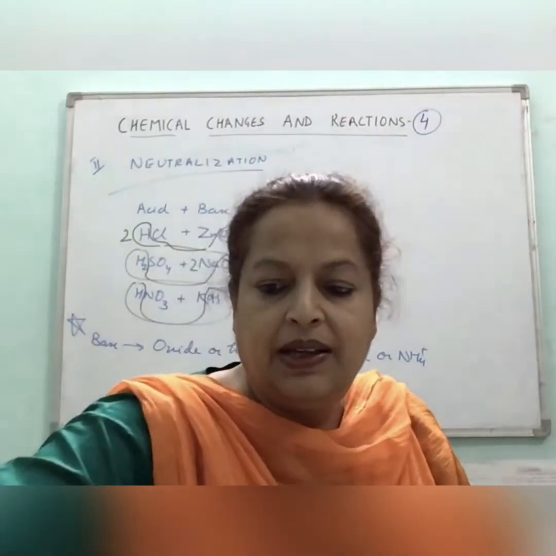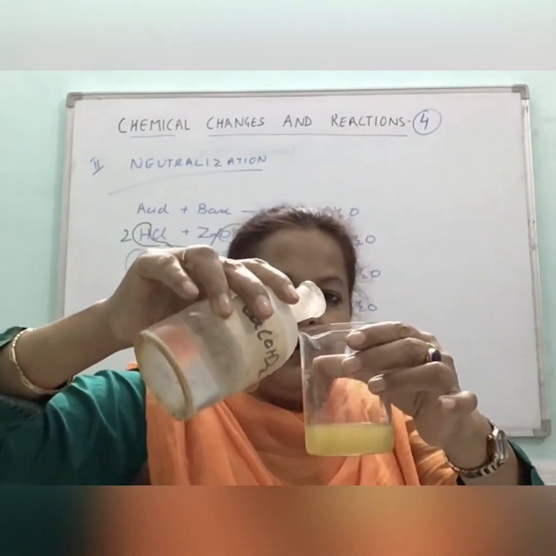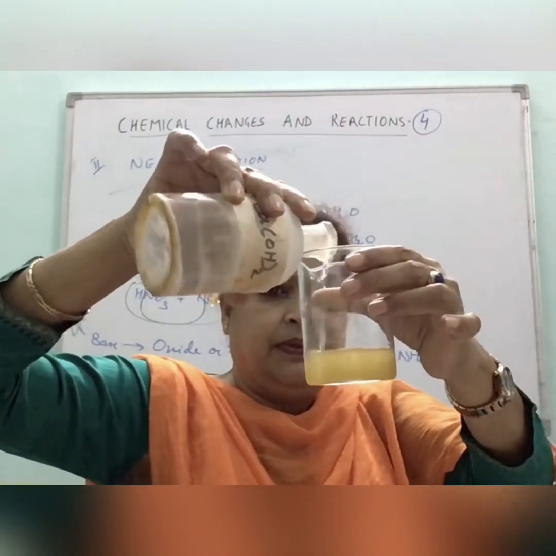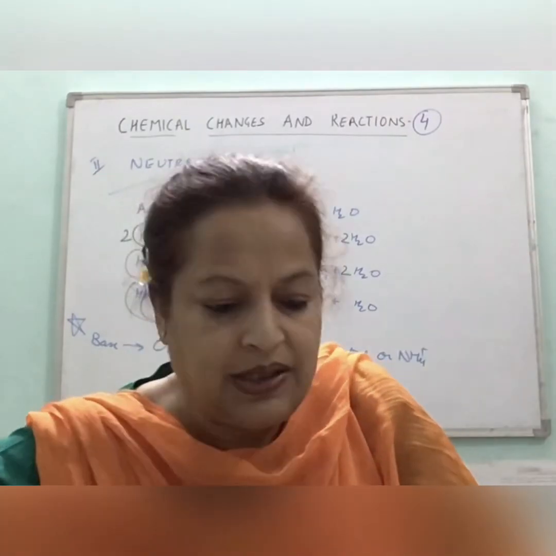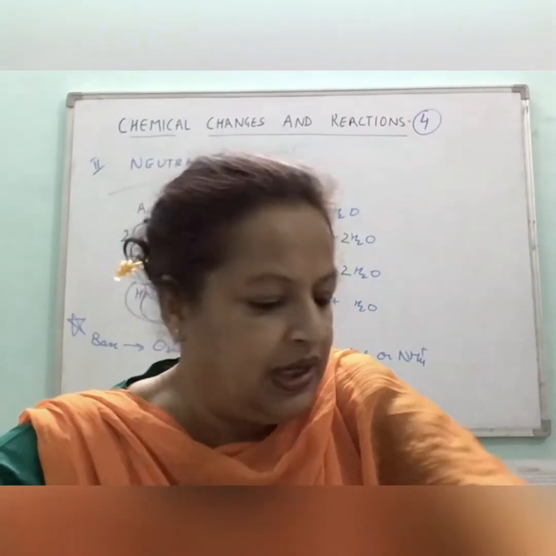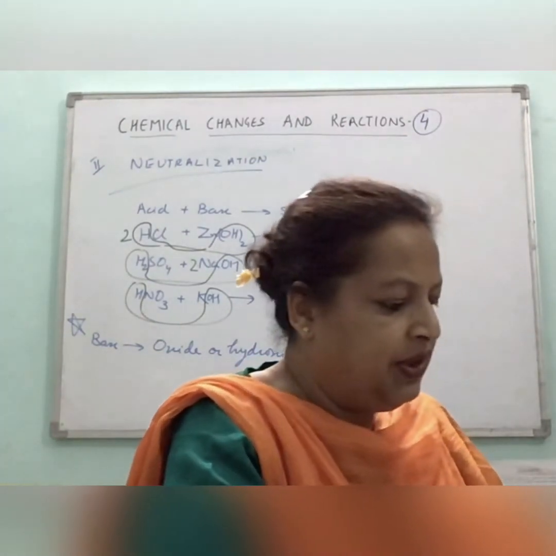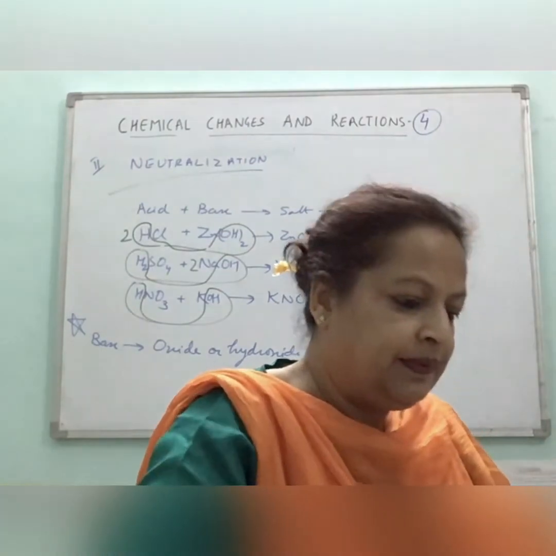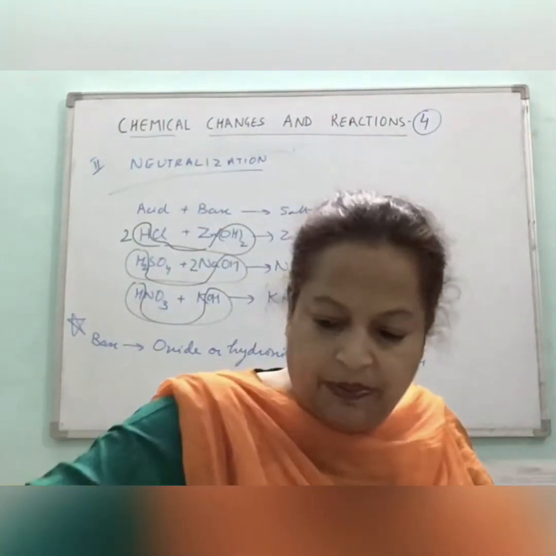It would form an insoluble product. Oh, this does not work. Well, I'll have to take copper sulfate and the base. Let me check whether I have a base with me or not. Yes, I have. So I'll show you with copper sulfate, children.